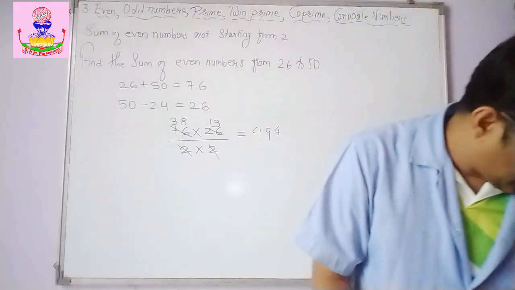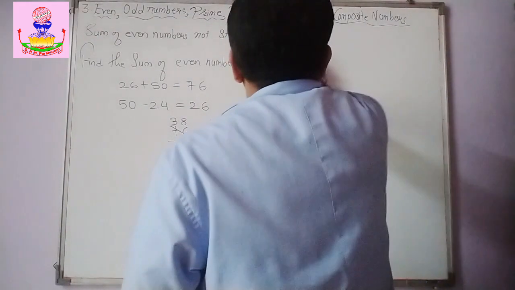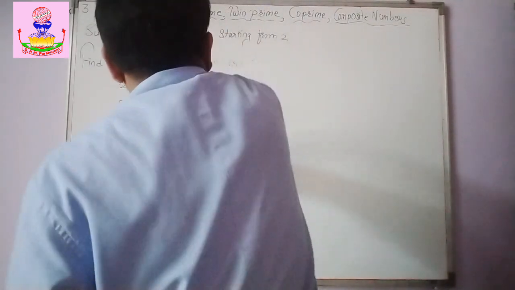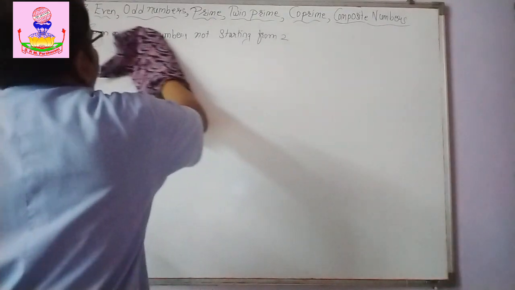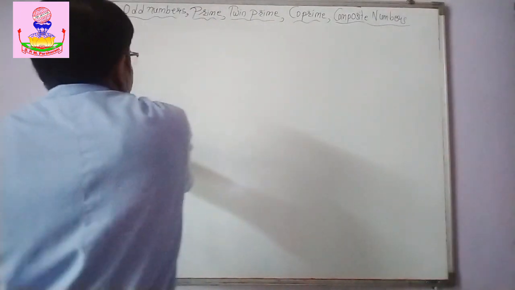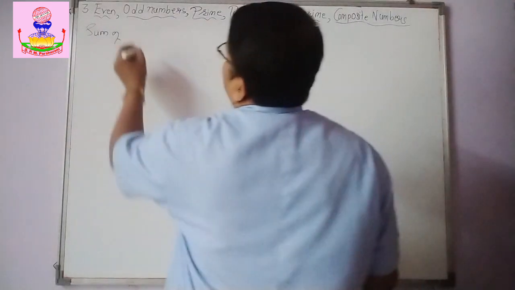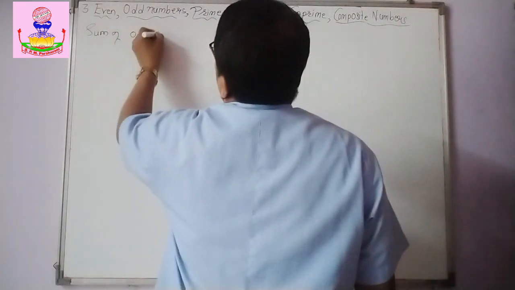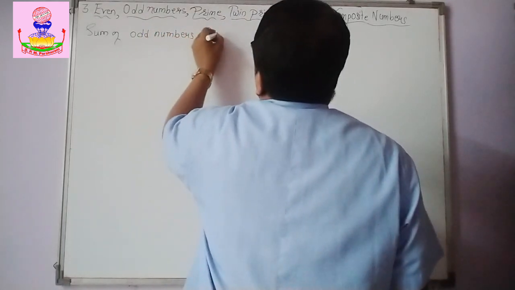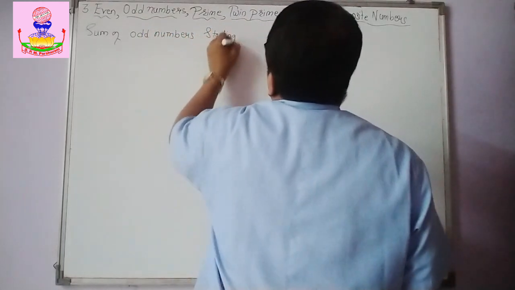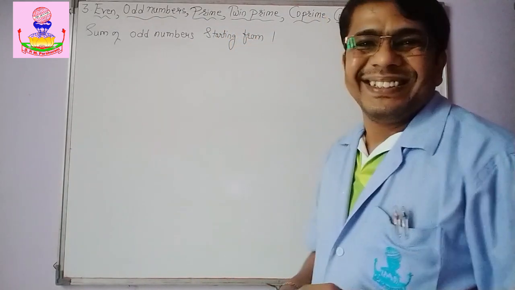Okay? Then, now we are going for the sum of odd numbers, when they start from 1.